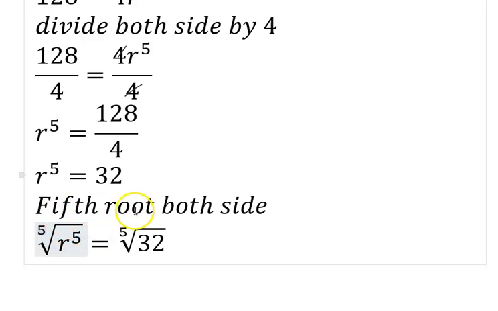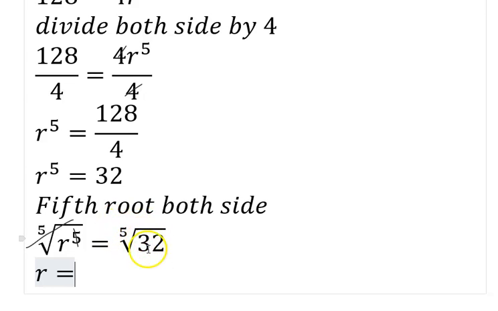So this is what we mean. We'll fifth root both sides, such that this 5 can cancel out this fifth root completely. So we are left with our r, which is equal to the fifth root of 32.